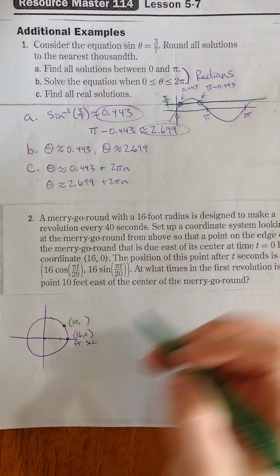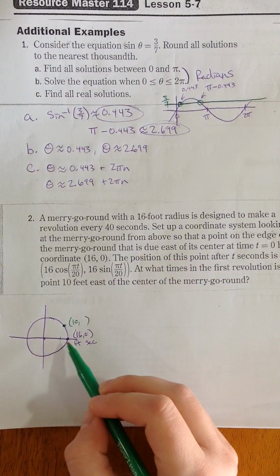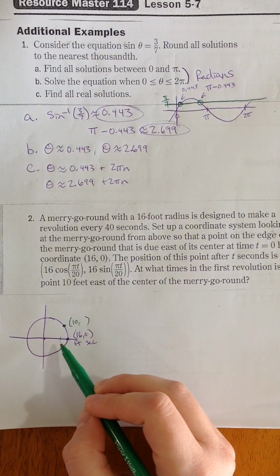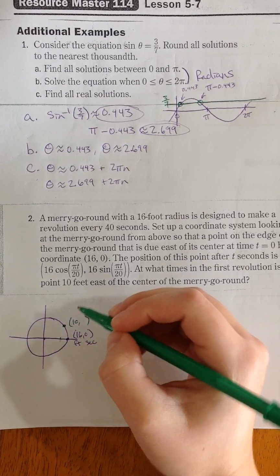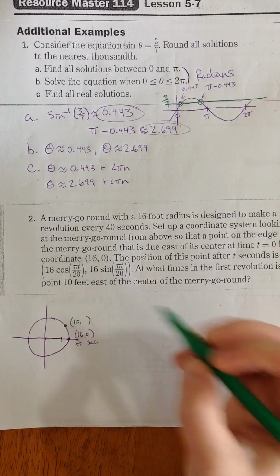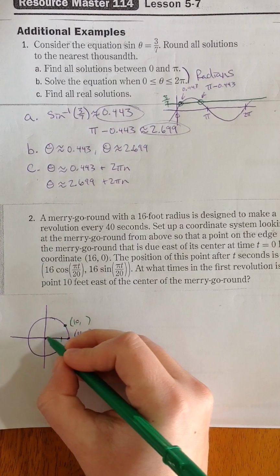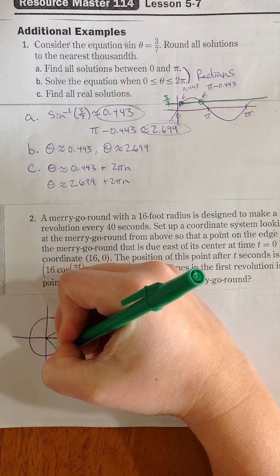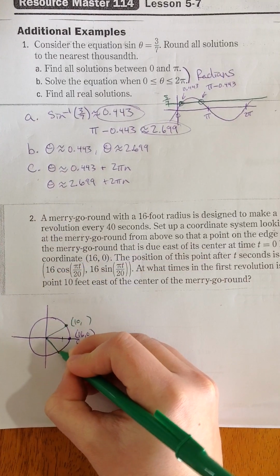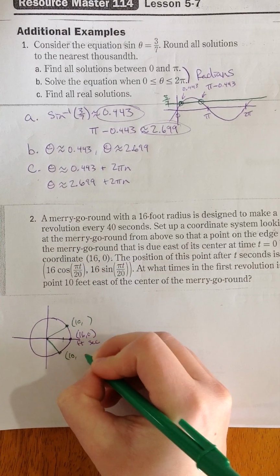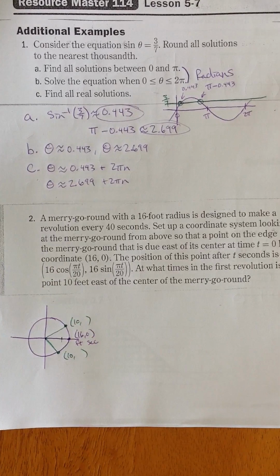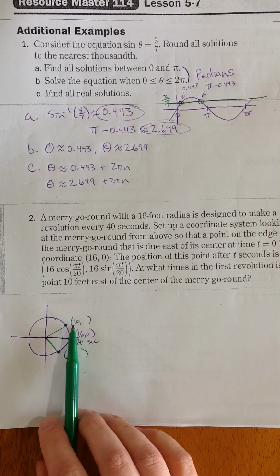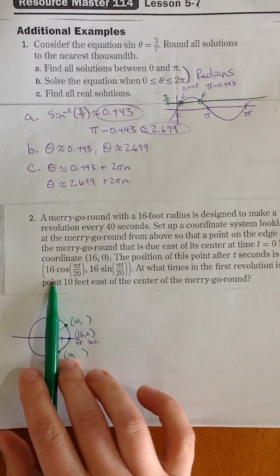Okay, so anyways, we're looking for 10 feet out, so 10 feet east of whatever this center point was. We know we're going to have a point up top that's about 10 foot out, but also a spot down here that's also about 10 foot out. That 10 foot is in our x position, so that goes with our cosine.